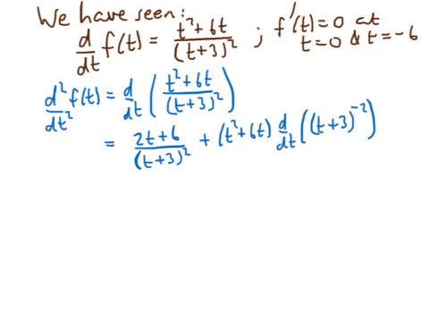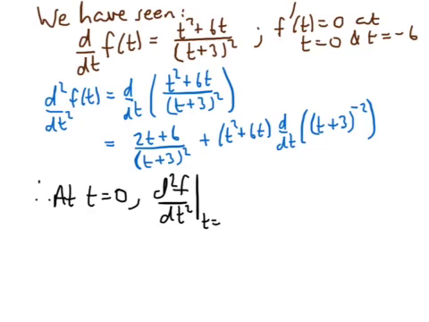At t equals 0, our second derivative of the function with respect to t, evaluated at t is 0, is going to be, well, from this term here, I'm going to have 2 times 0, which is 0 plus 6.